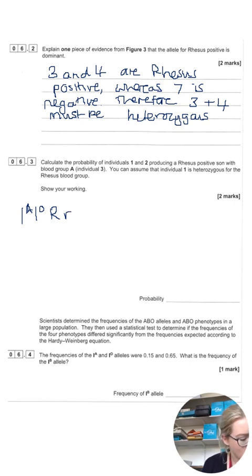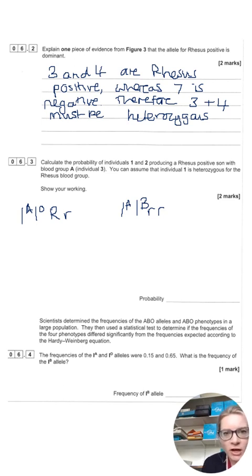Okay, now the mother is rhesus negative, and we've been told that the rhesus factor is dominant, so she must be 2 recessive alleles if she's negative, and she has blood group AB, so she's going to be AB. Okay, so we're looking at a dihybrid cross.